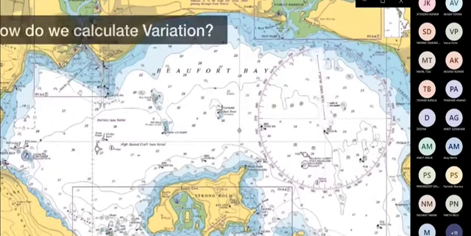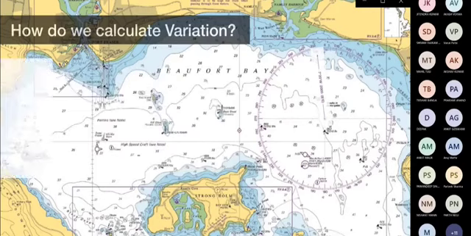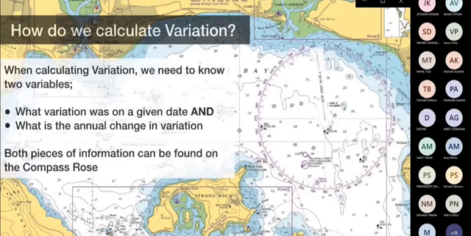So, how do we calculate variation? All charts have the information needed to calculate the appropriate variation for the area. From this, we can convert magnetic compass bearings to true chart bearings and vice versa. Essentially, we need to know two things. Firstly, what was the variation in a given year? And second, what was the annual change? Both these pieces of information can be found on the compass rose.